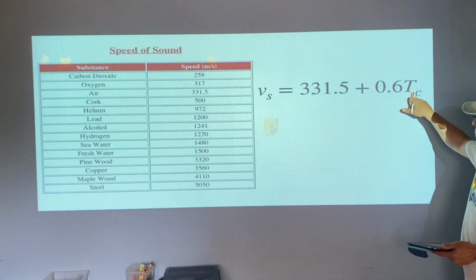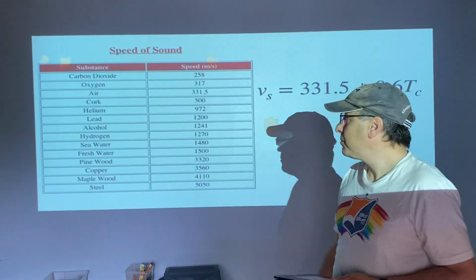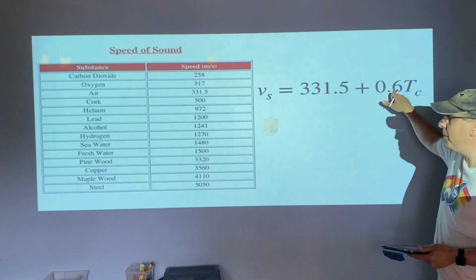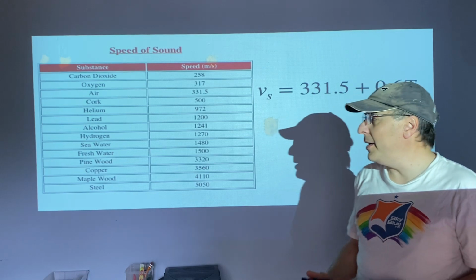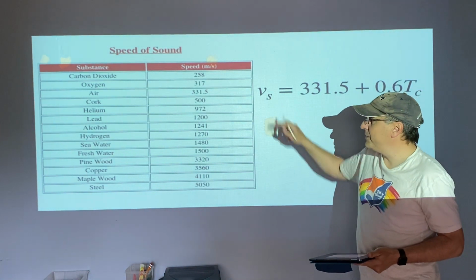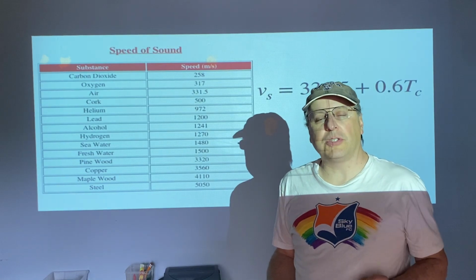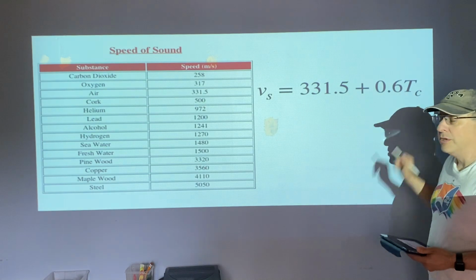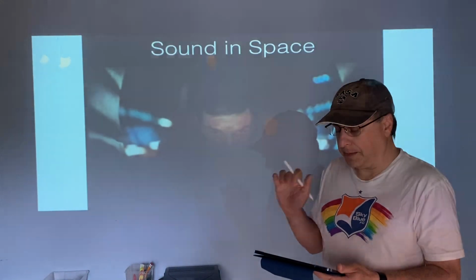Depending on the temperature of the air, determines how quickly sound will travel. So you take the temperature in Celsius, you multiply by 0.6, you add 331.5 to it, and that will give you the speed of sound through air. Realize that pressure and humidity also make a difference, but they are minor compared to temperature. So the only factor you need to worry about is the air temperature.